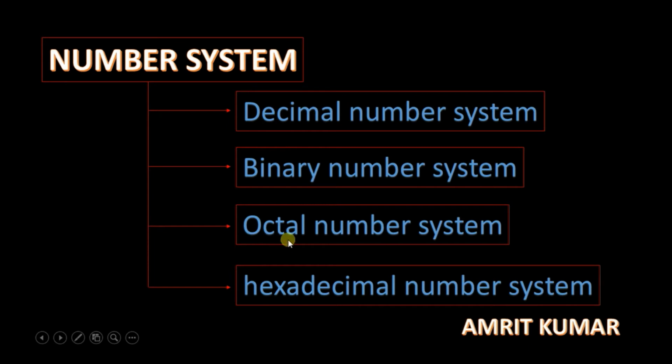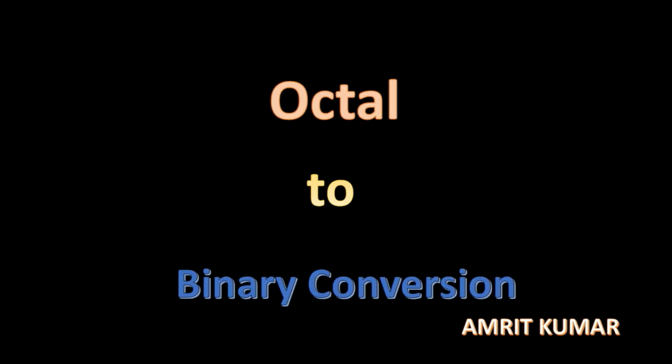Now in this video we are going to learn how to convert an octal number into a binary number, and that is so important. So let's see how we can convert an octal number into a binary number. Octal to binary conversion.